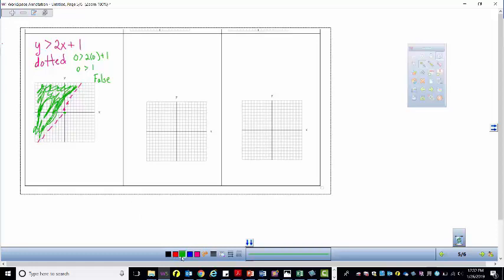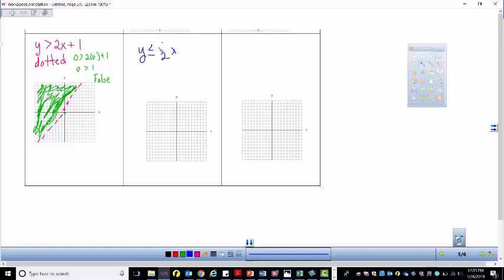All right, so the next two I'm going to show you are special cases. This first one is y is less than or equal to 3 over 2x. I'm supposed to say 3. So first of all, again, is this going to be dotted or solid?